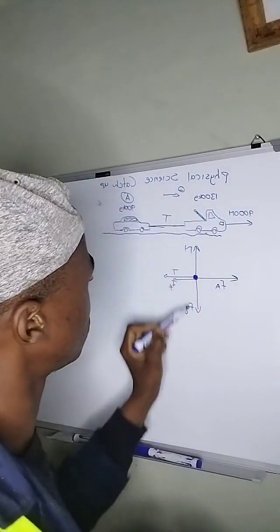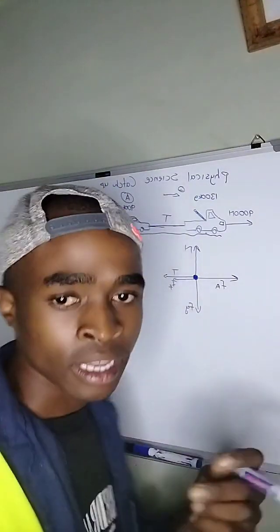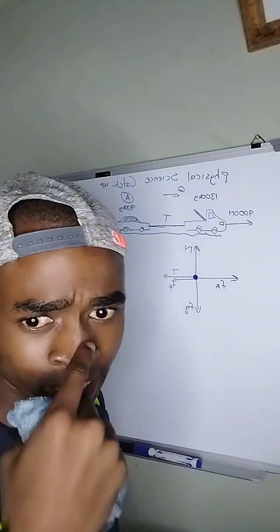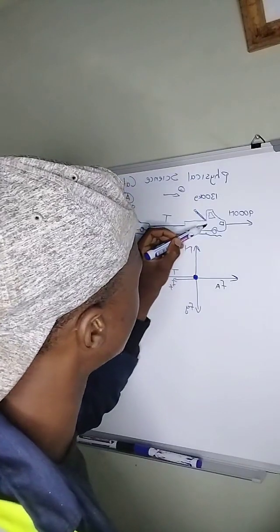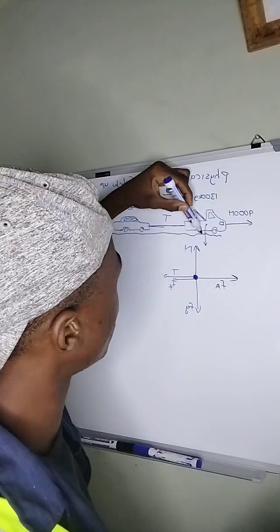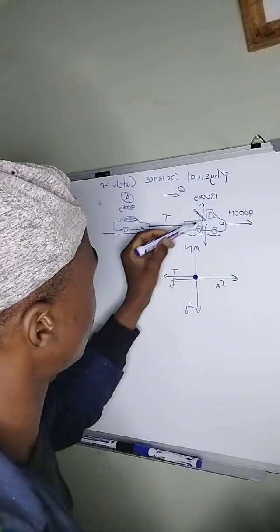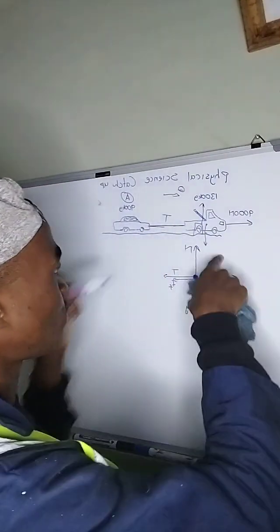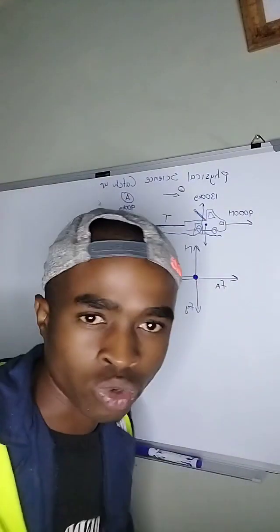The Fg is the force exerted by the earth on the object, center to center. The normal force will be exerted on this object by the surface, at 90 degrees to this surface, and the Fg acts from center to center.